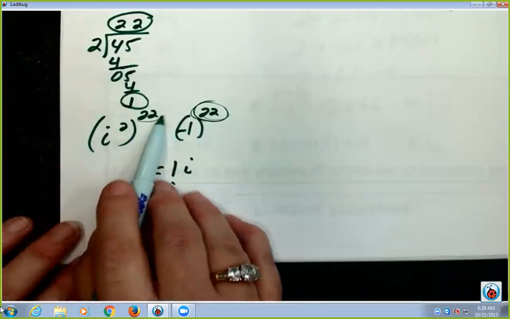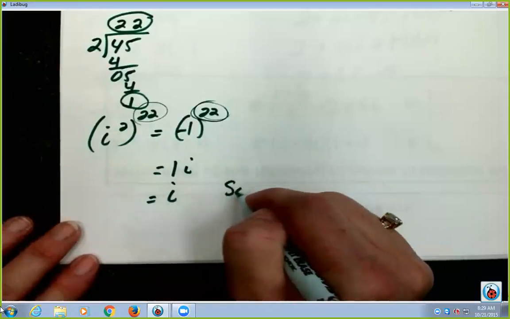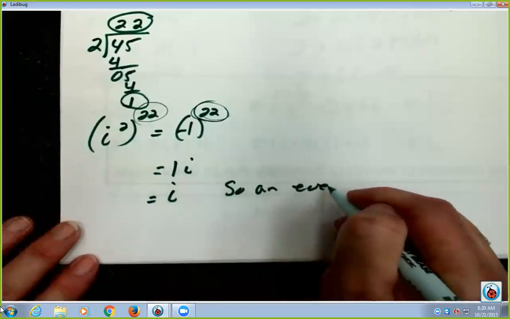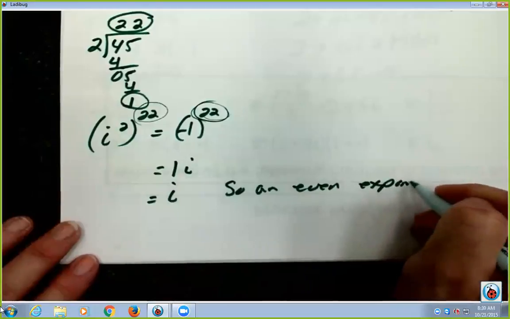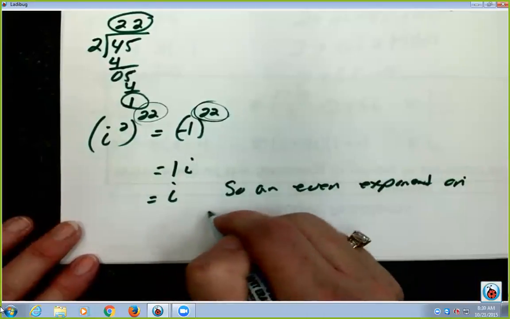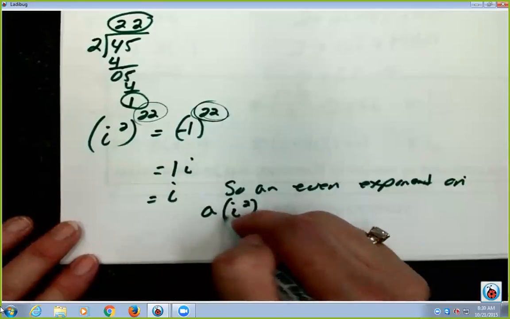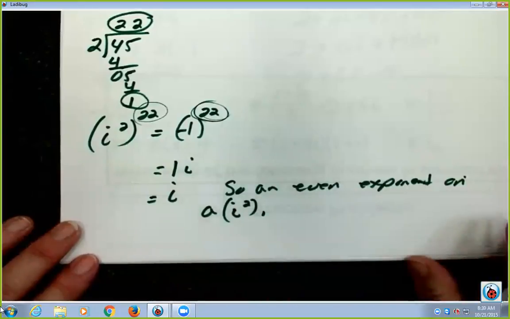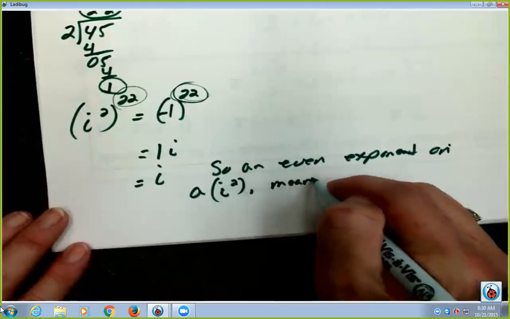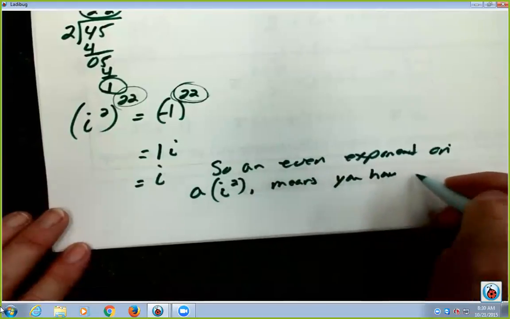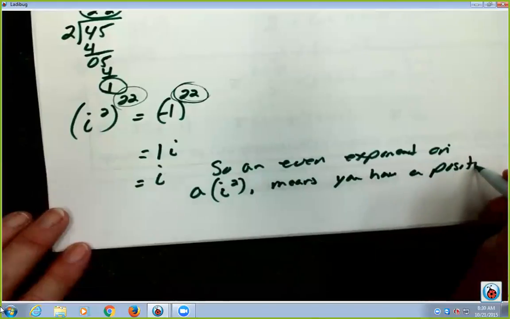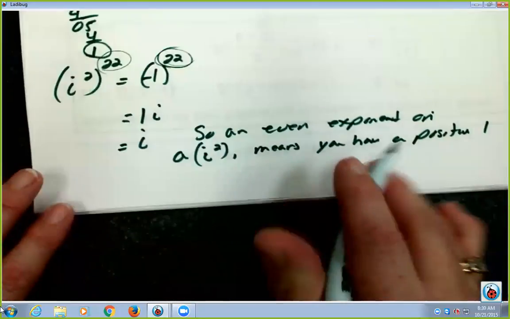So if you have an even exponent on an i squared, it means you have a positive 1.